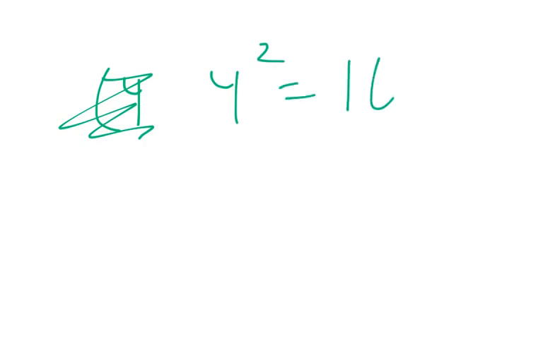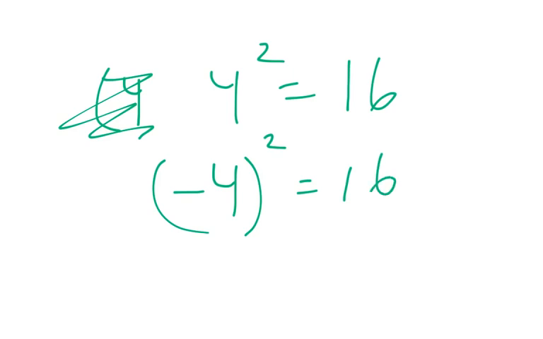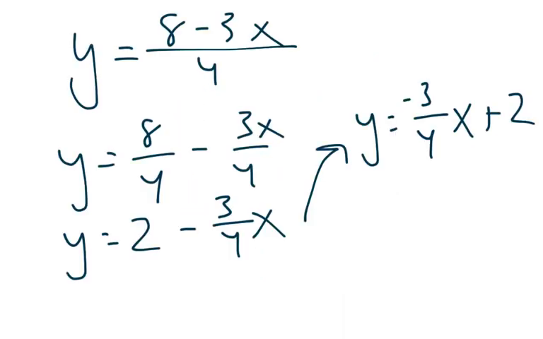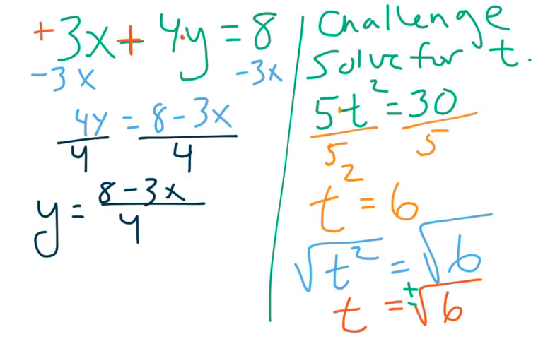And the reason for that is because like 4 squared is like 16, and like -4 squared would also be 16, because -4 times -4 would give you a positive. And so you could have both the positive and the negative, but I don't really want to go into a big explanation of that now. We'll have time for that later. Okay, so that's a wrap on linear equations part 2.